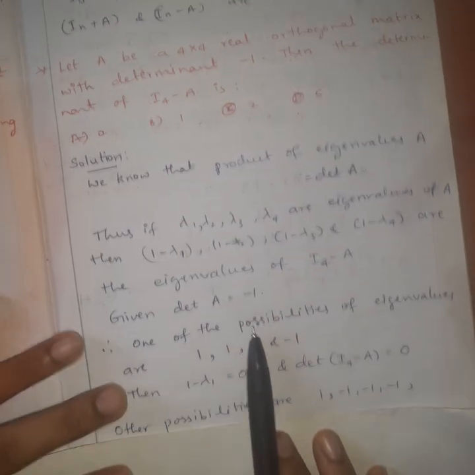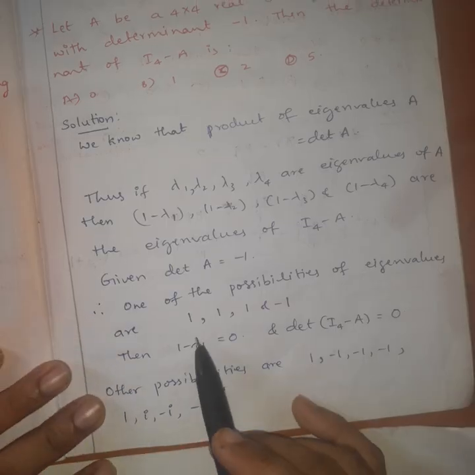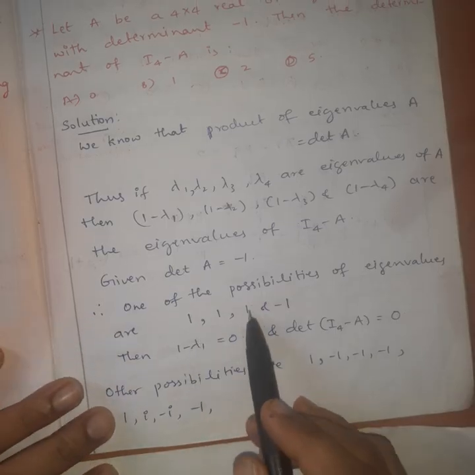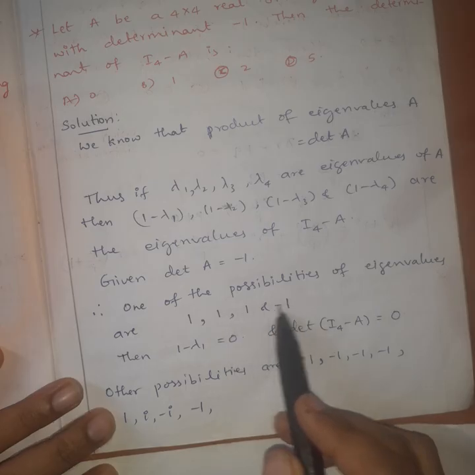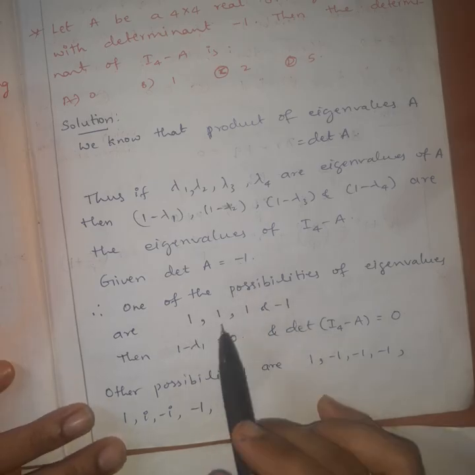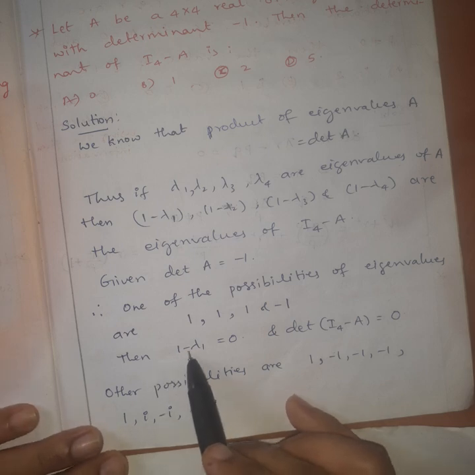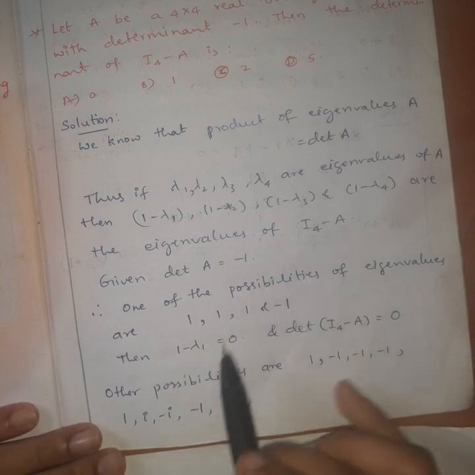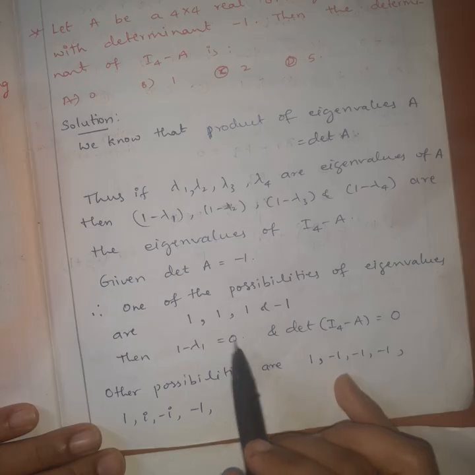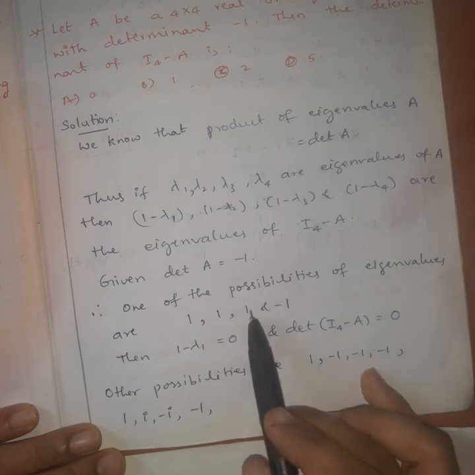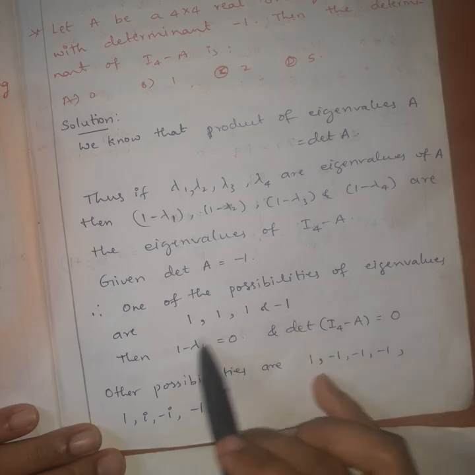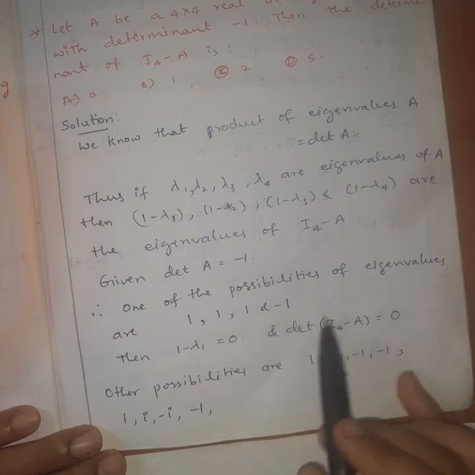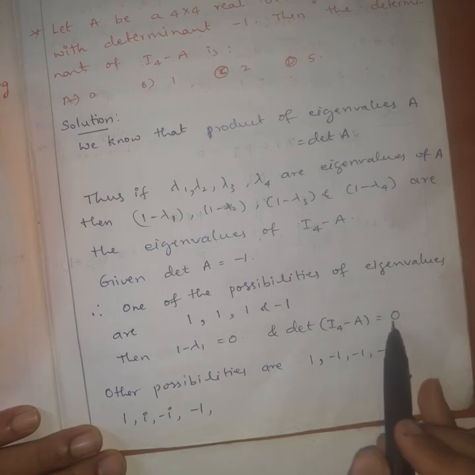So the possibilities of eigenvalues are either three eigenvalues are 1 and one eigenvalue is -1, then their product will be -1. Then the eigenvalues of I minus A will be 1 minus lambda 1 equal to 0, 1 minus lambda 2 is also 0, 1 minus lambda 3 is also 0, 1 minus lambda 4 will be 2, but their product we got 0. So determinant of I minus A is 0.